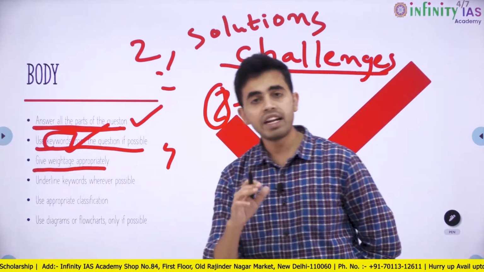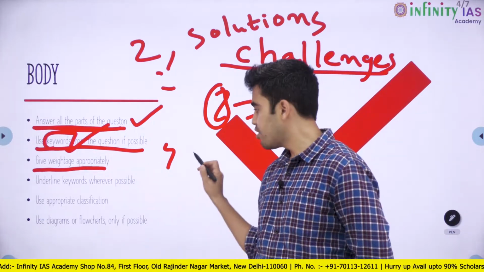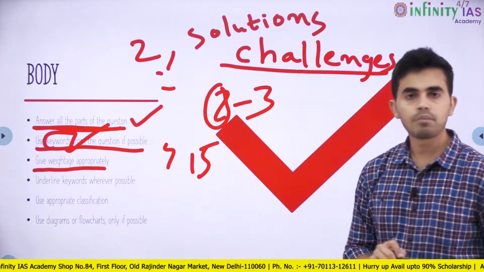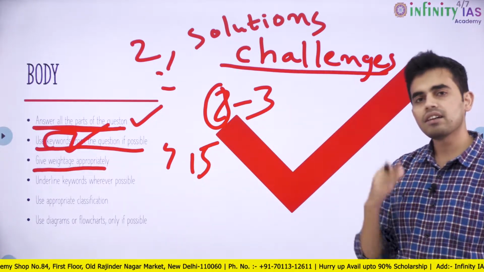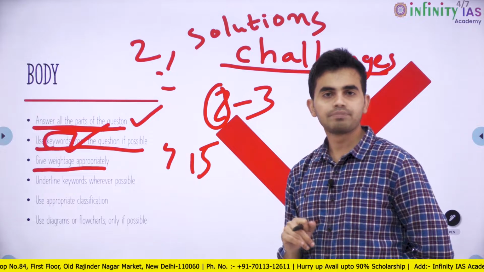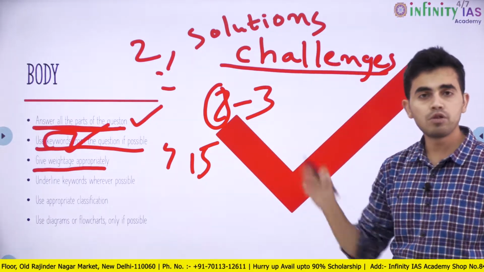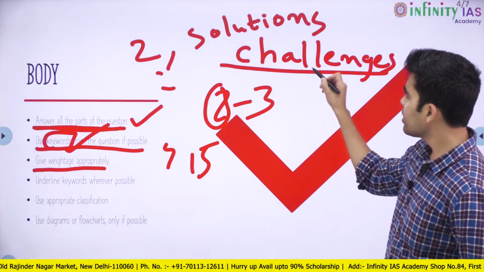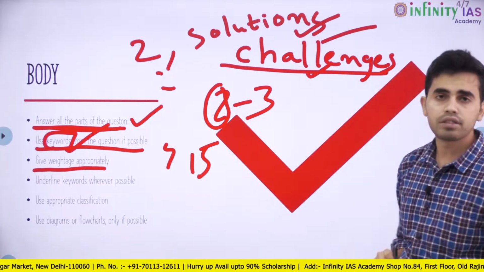Then give weightage appropriately. Particularly important in 15 markers. For example, if this is asked as a 15 marker question, we need to know what is the weightage that can be given to these 2 parts of the question. Here, challenges and solutions might carry equal weightage.